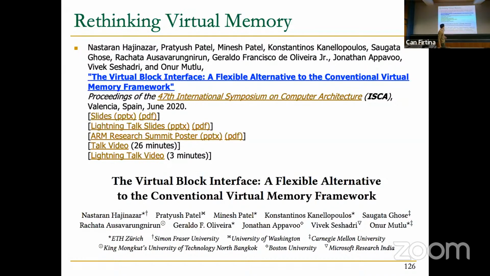And this is a work that I already mentioned in the beginning of today's lecture. The Virtual Block Interface is a complete redesign of virtual memory in computing systems, because most of the virtual memory handling is done by the OS these days.